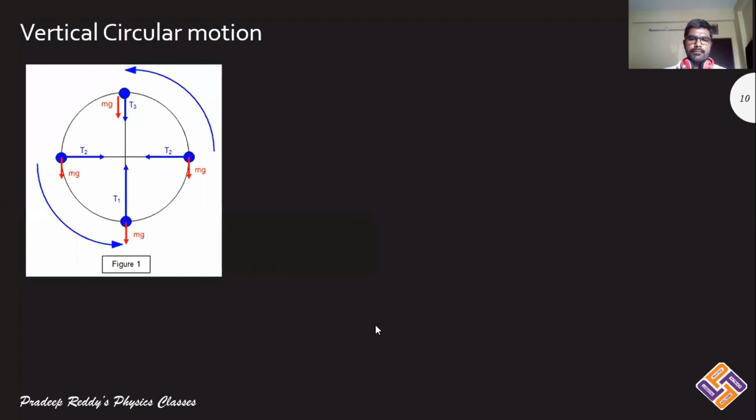So as this is position A, this is position B, this is at C, and this is at D. Now let us calculate tension at B. Of course, there is an outward centrifugal force at B and at D. Now look here.